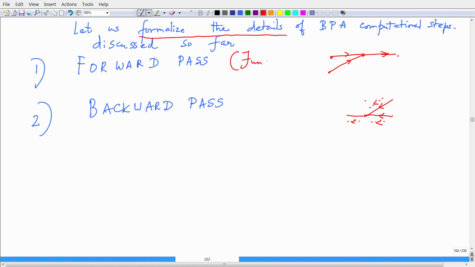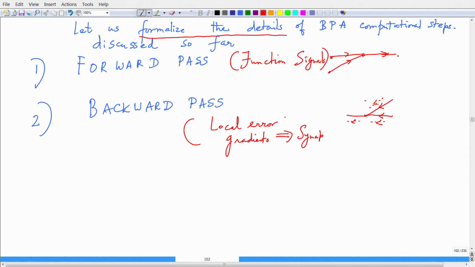Here it is all the function signals, and here we will deal with the local error gradients that eventually would lead to synaptic adaptation. Okay.